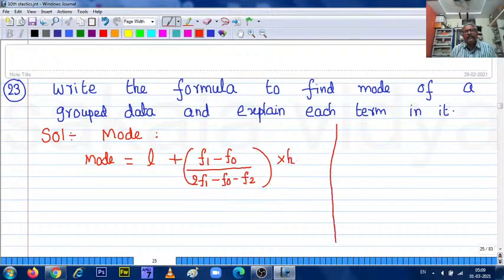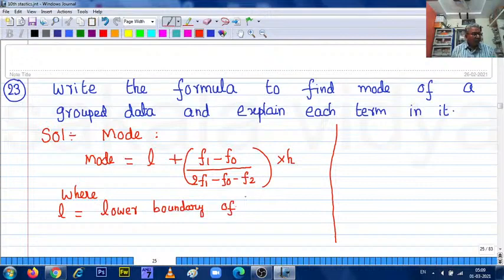Now we need to explain each letter involved in the given formula. So write down here, where L equals, what is meant by L? L equals the lower boundary of the modal class.